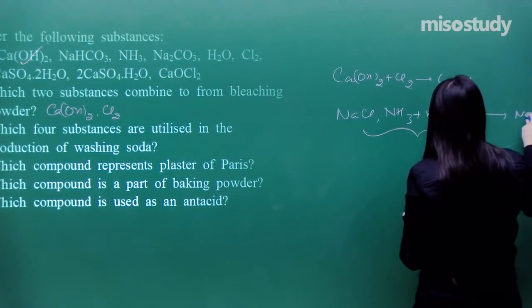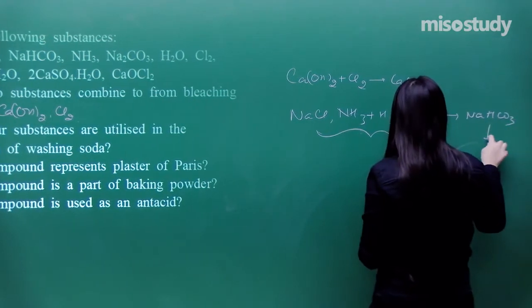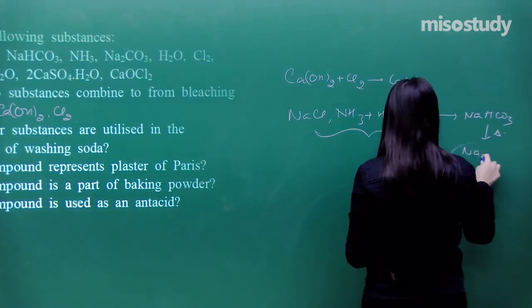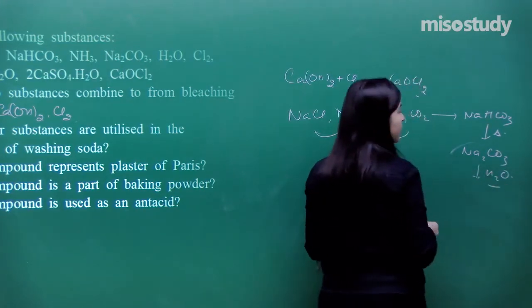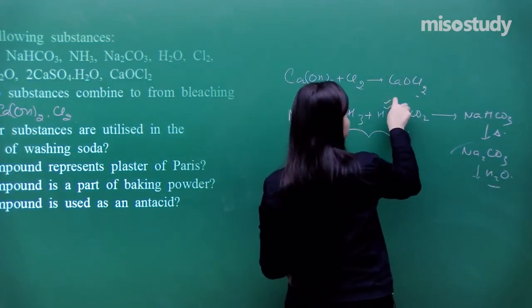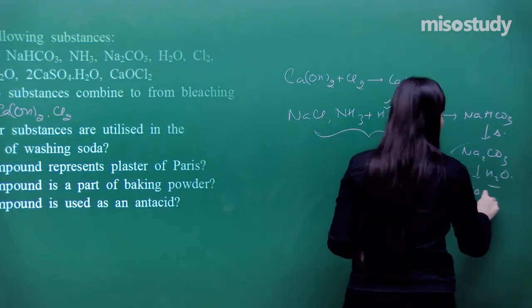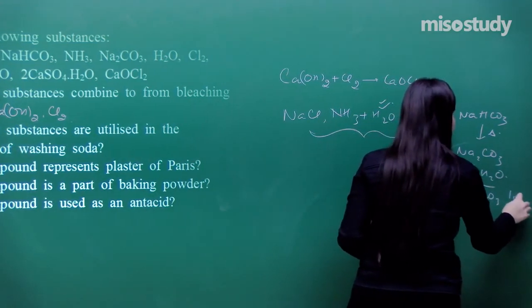This led to the formation of NaHCO3, which then got heated to form Na2CO3, and finally again I used up water, yes, this component, to get washing soda, Na2CO3 dot 10H2O.